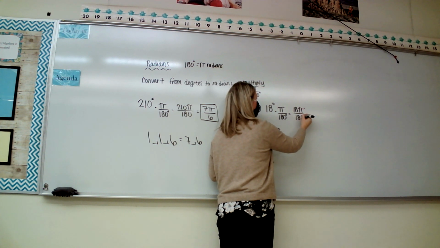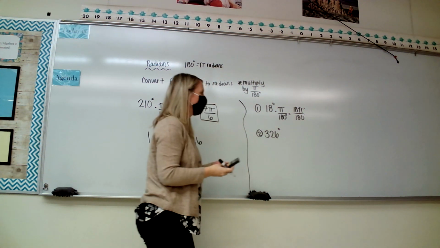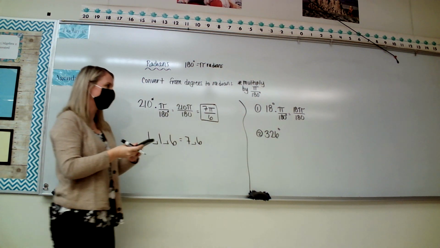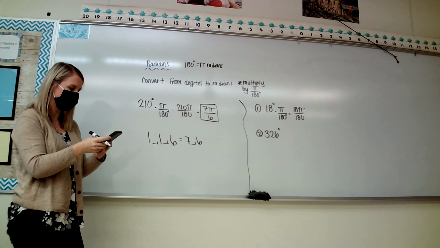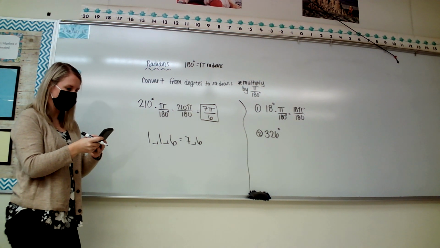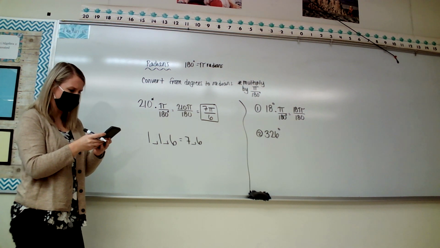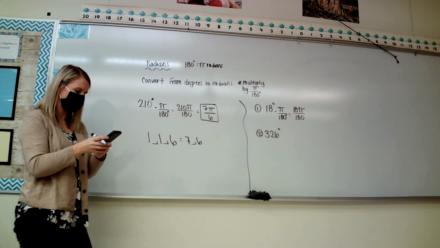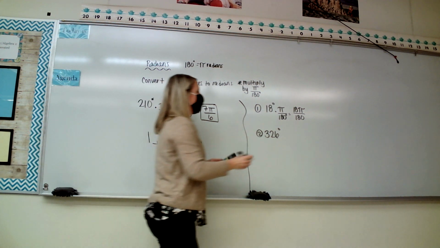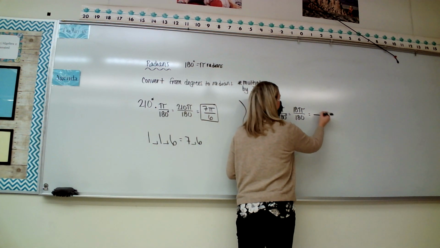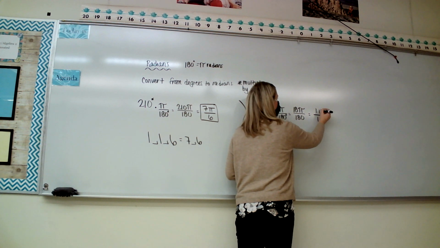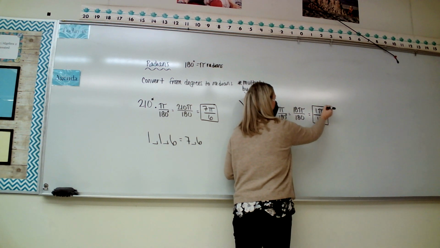But if you can figure out I'm just reducing that over that, go for it. But I end up here, once again, I'm just putting 18 over 180 because when you put that pi symbol in, it makes it a decimal and that's all sorts of messy. That comes out to 1 over 10. And then just remember you are putting the pi back with the answer.